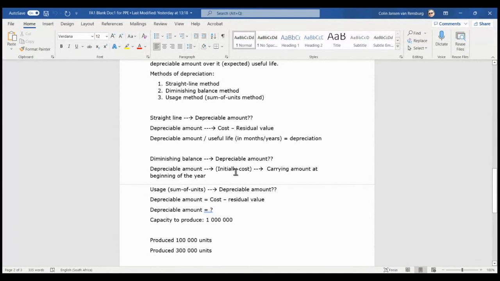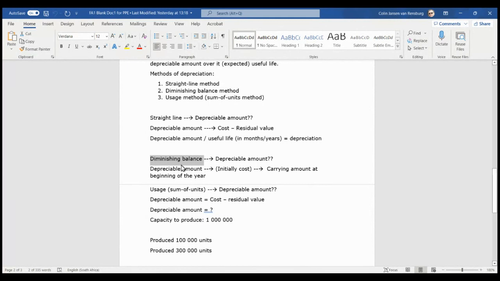You do not estimate the residual value up front, but the way this method works is that it provides us with an ongoing estimate of its residual value. So when you calculate your depreciation using the diminishing balance at the end of your first year of use, the carrying amount at that point will be an estimate of its residual value.